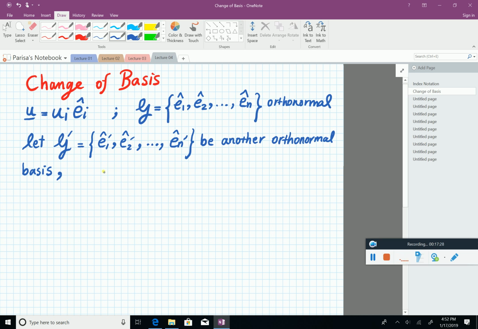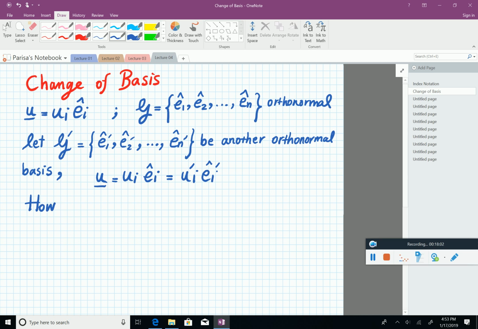So you can write u the same way that you wrote it before with respect to the first basis. You can use the same notation and write it with respect to the second basis. The question that we are asking ourselves here is how the components in these two different bases relate to each other.